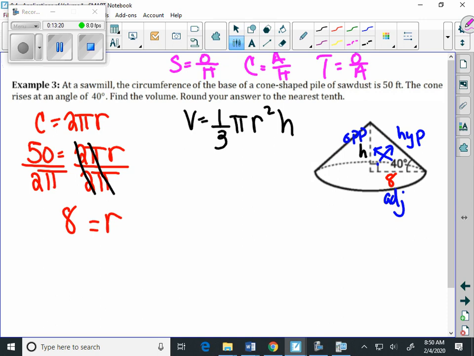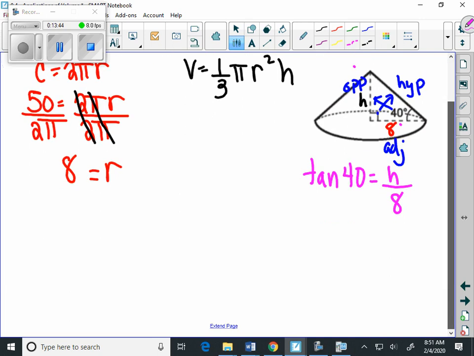So as we take a look at this, we want to know the opposite, and we do know the adjacent. And what function has opposite and adjacent in it? Well, that's going to be the tangent. And it's tangent of 40 equals h divided by 8.